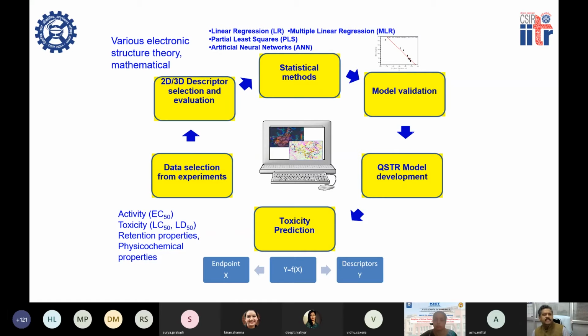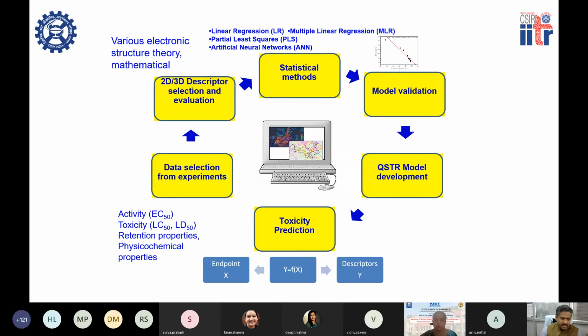Using those, you develop descriptors, physical chemical properties like ionization potential, electron affinity, or the number of heteroatoms present in the system. There are so many descriptors: physical, topological, graphical. You start computing those descriptors.